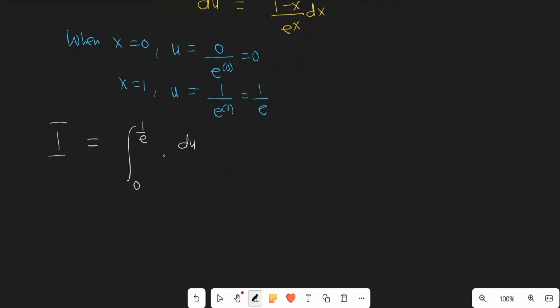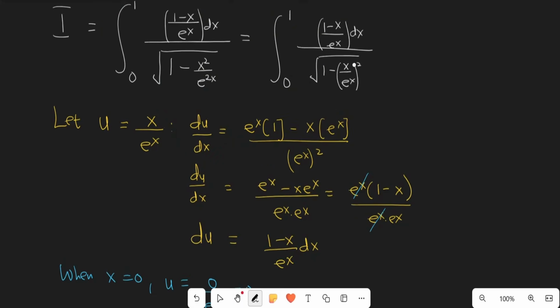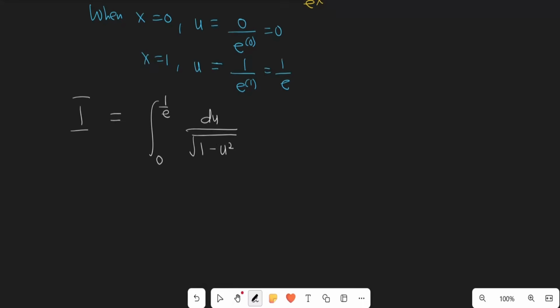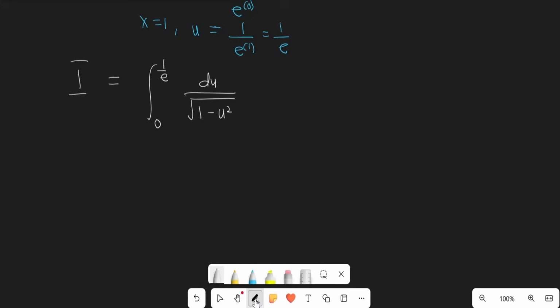This is divided by the square root of 1 minus something, divided by the square root of 1 minus x over e to the x. x over e to the x can be replaced with u. So that is u squared because it is squared. And does this look familiar? So the integral of 1 over the square root of 1 minus u squared.